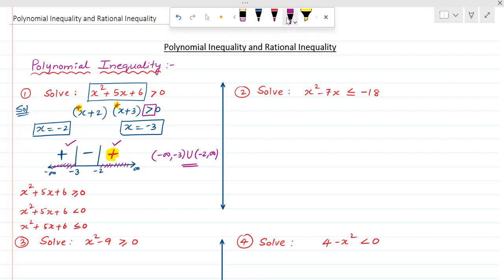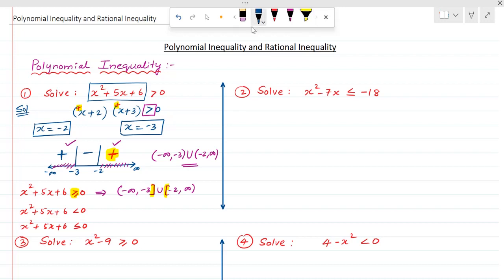Here we take the same thing but it is equal, so I take only closed: minus infinity to minus 3 closed, union minus 2 to plus infinity. Why is it closed? Because of more than or equal. In the last problem it was given as more than, that's why it was open.